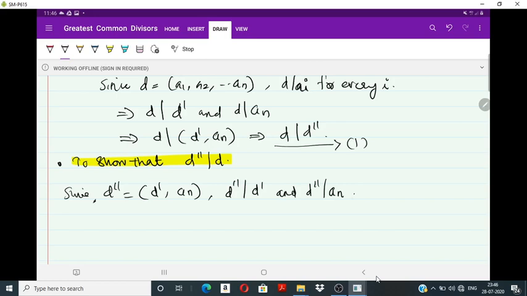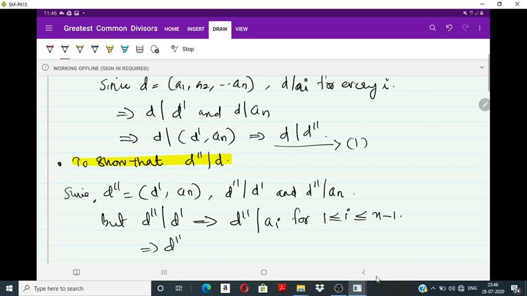Okay, but D double dash divides D dash implies D double dash divides AI for every I, for 1 less than or equal to I less than or equal to n minus 1.